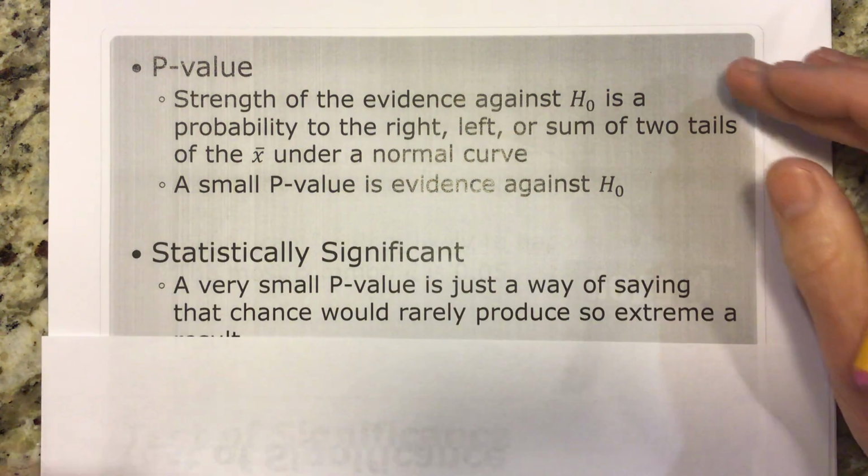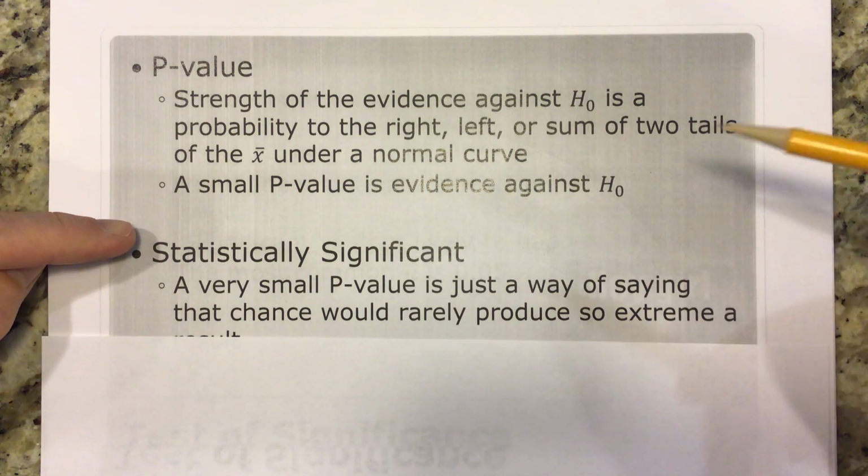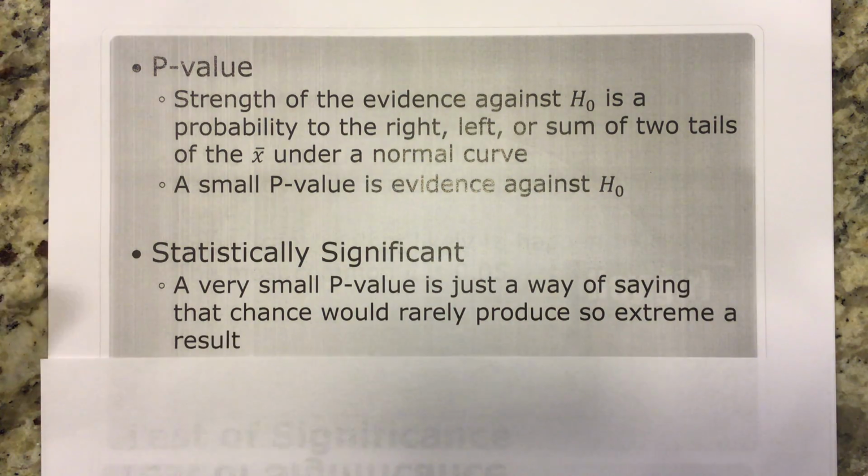All right, so again, more vocabulary. When we have that small p-value, we say we have a statistically significant result. It means we have evidence against the null hypothesis. We have enough evidence to reject it, to overturn it, to refute it.